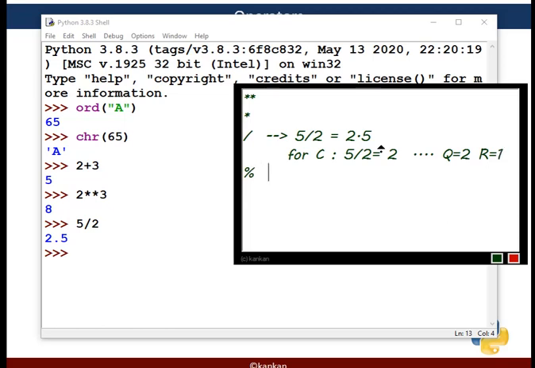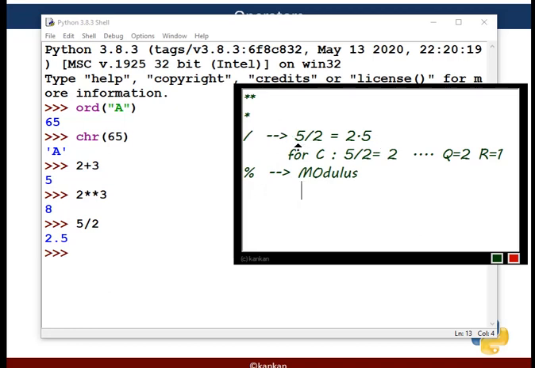Now another symbol, the percentage symbol, but here it will be used as the modulo operator. It is called modulo. What is the purpose of it? It will give you the remainder.